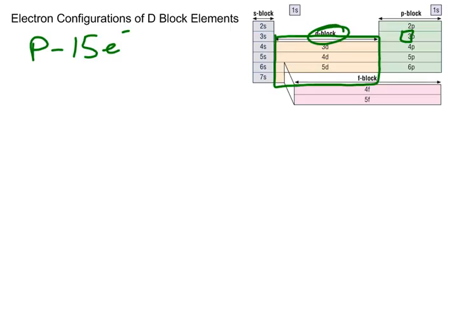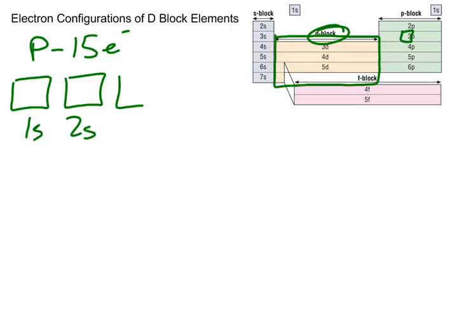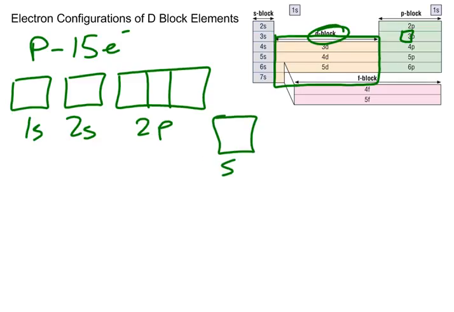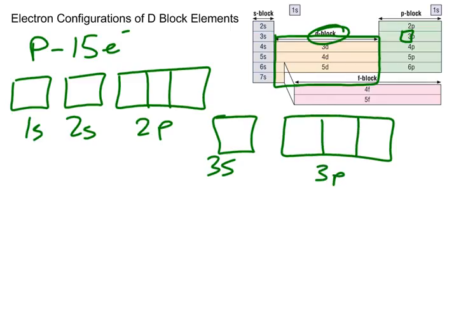I know it's in this 3p orbital, so I'm going to do my orbital diagram. I know I want 1s, I need 2s, I'm going to do a 2p, I'm going to need a 3s, and then I have a 3p orbital here. It is 15 electrons, so I'm just going to fill in my electrons as I go.